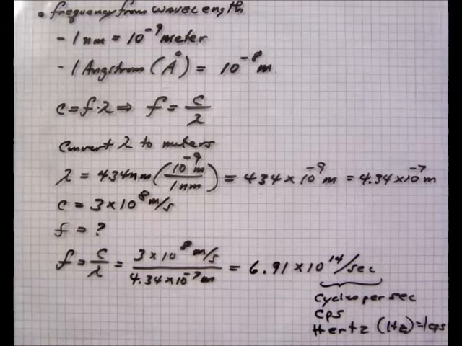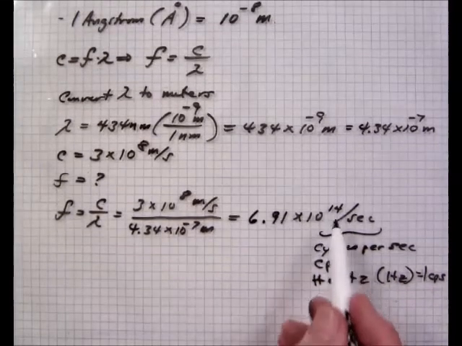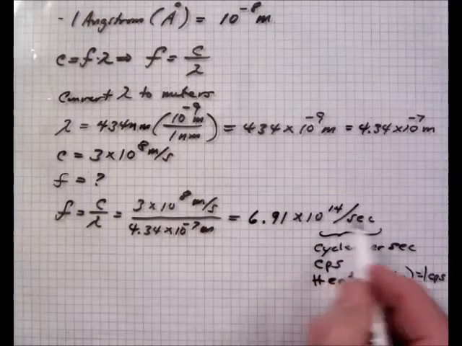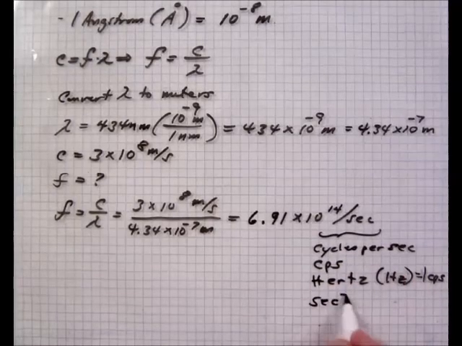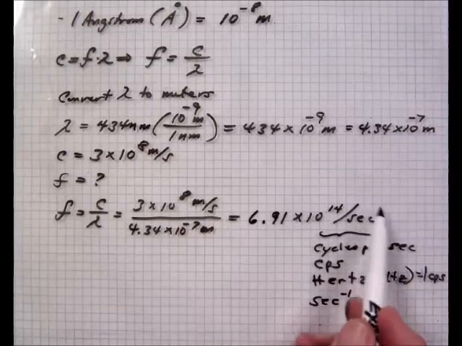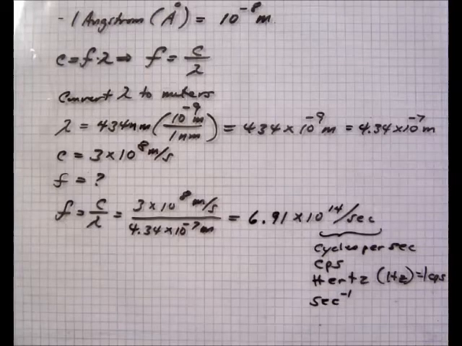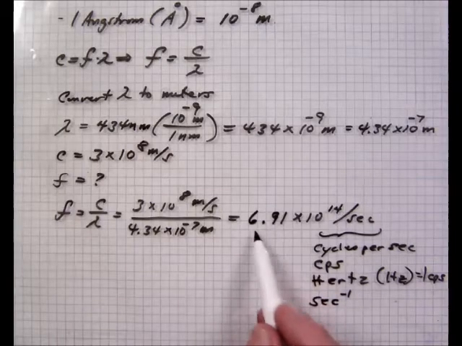Sometimes the per second is written as seconds to the minus 1. So you'll see 6.91 times 10 to the 14 seconds to the minus 1. In problems that you will see, all of those might show up as units of frequency.